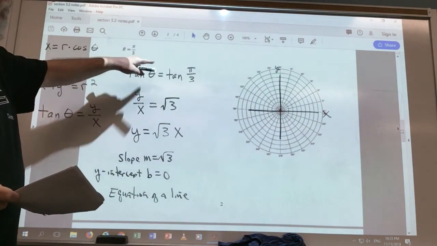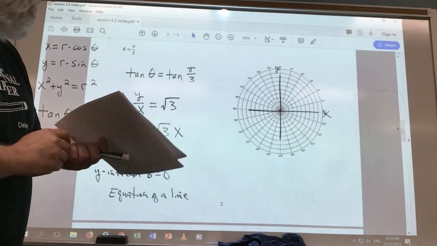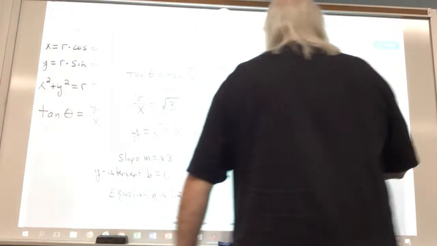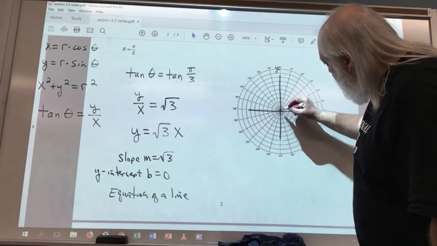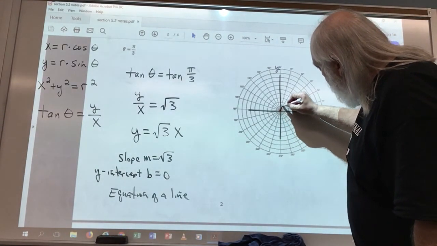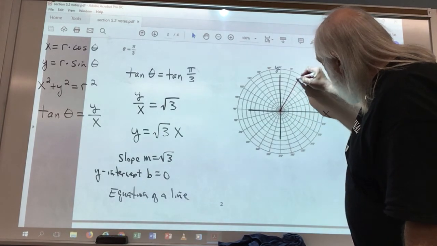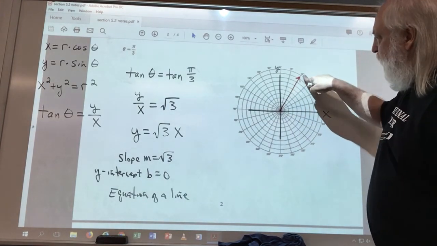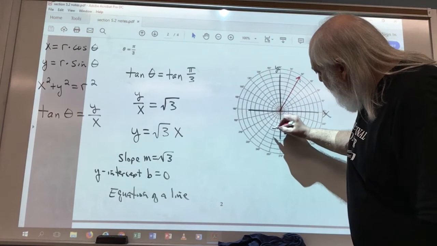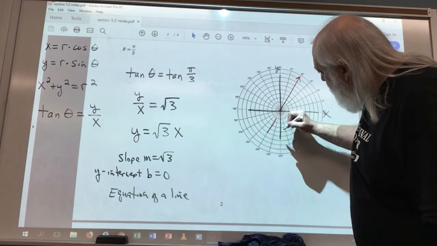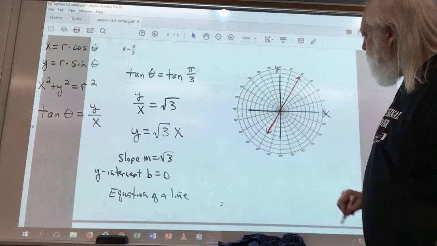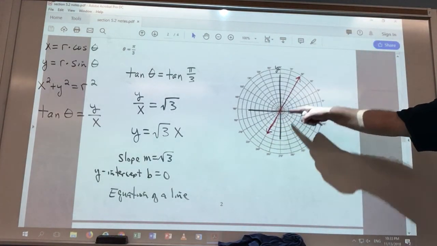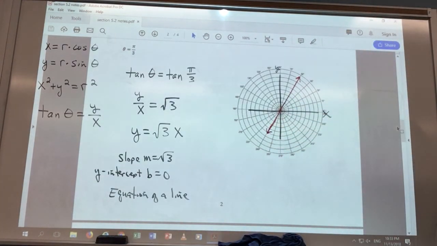Well, you know pi over 3 is the same as 60 degrees. And so when I graph y equals square root of 3 x, the right half of the line occupies the ray 60 degrees, and the left half of the line occupies the ray 240 degrees. And so that's what the graph of y equals square root of 3 x looks like.